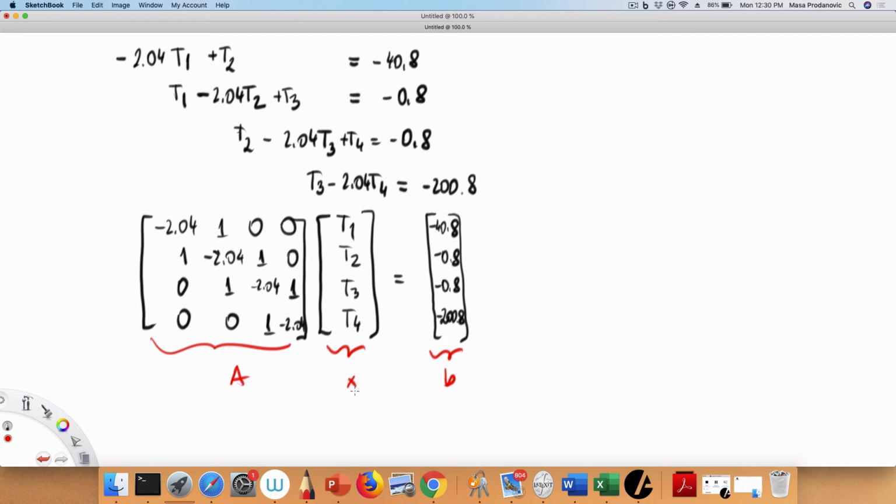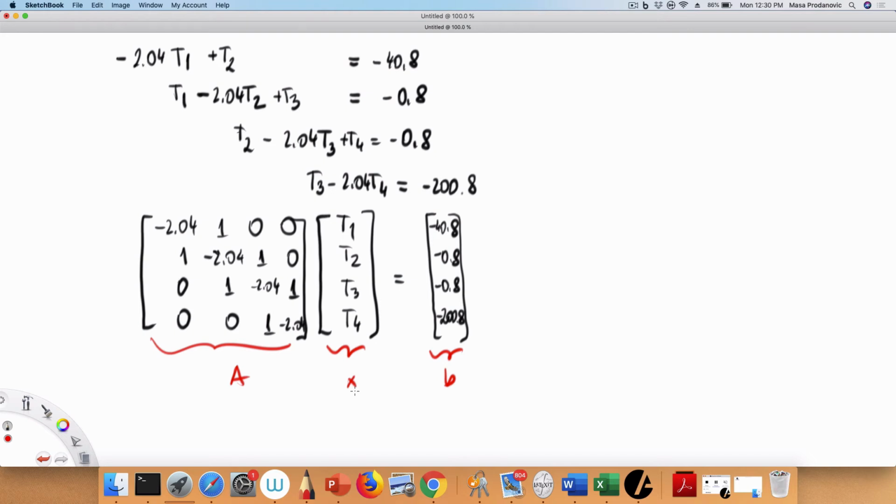Give or take, this is the procedure that you use to discretize differential equations, with so-called finite differencing. And you will always end up with a so-called sparse system. It has a lot of zeros.